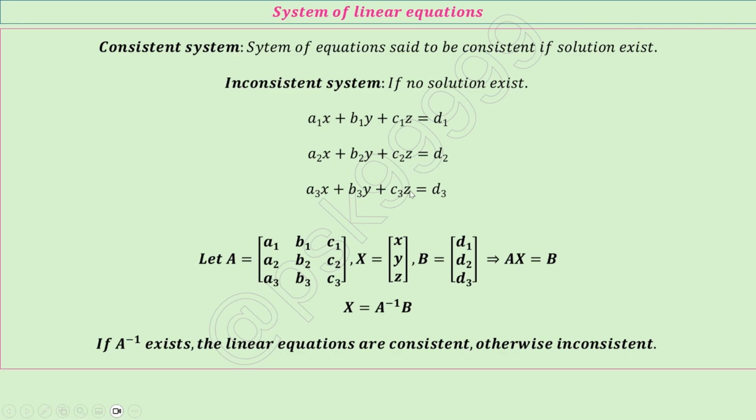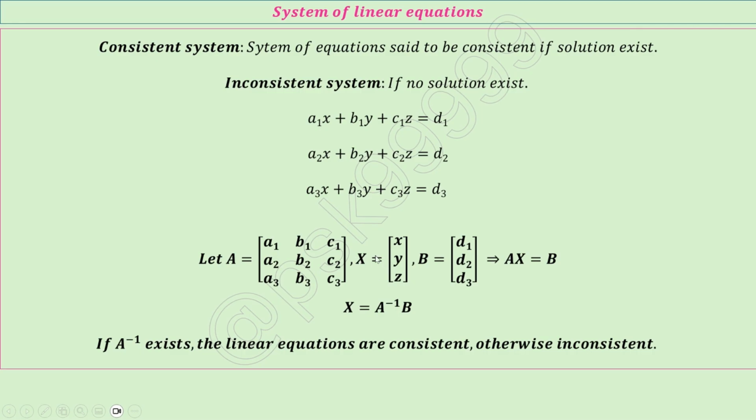Now let's say there are equations like this: a1x plus b1y plus c1z equal to d1, then equation 2 and equation 3. You can represent this in the form of matrices. First you take all the coefficients of x, y, z in a matrix A, so you will get a 3 by 3.